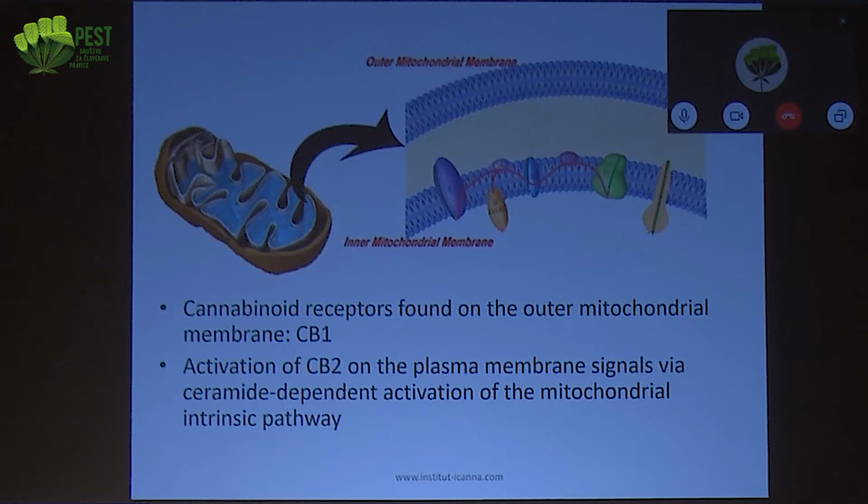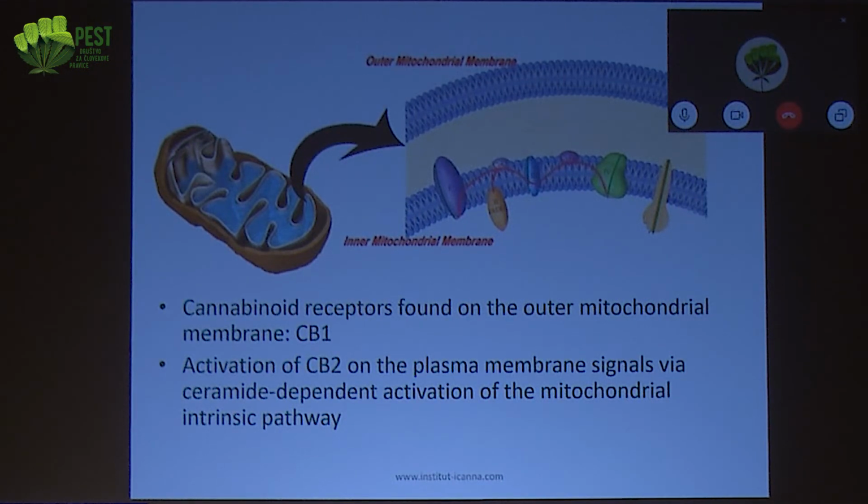And so far CB2 receptors have not yet been found, but it was found that when on the outside of a cell a cannabinoid docks onto the CB2 receptor, the reaction that happens inside of the cell travels into the mitochondria, releases calcium, and this is actually what causes all further reaction.